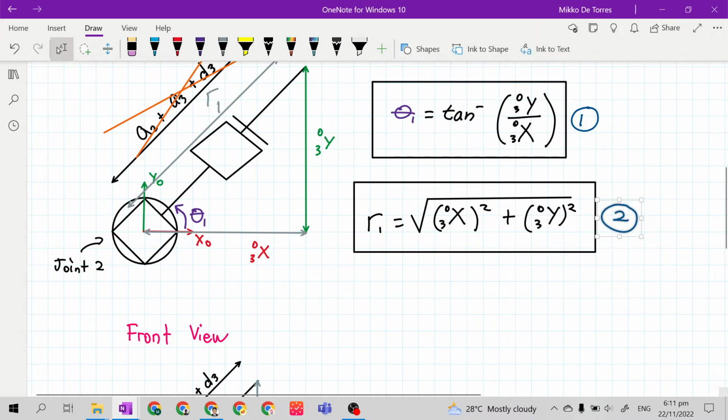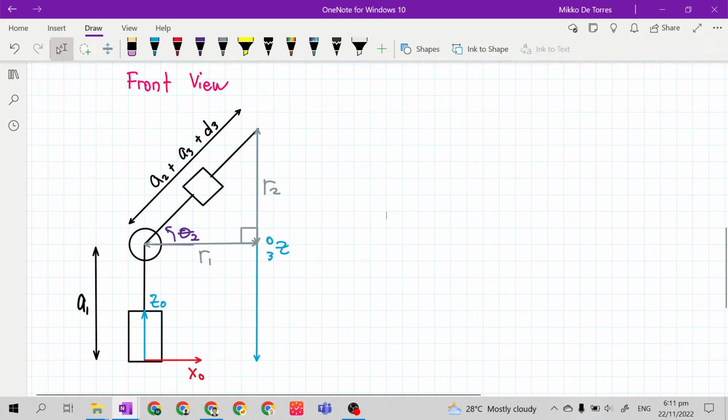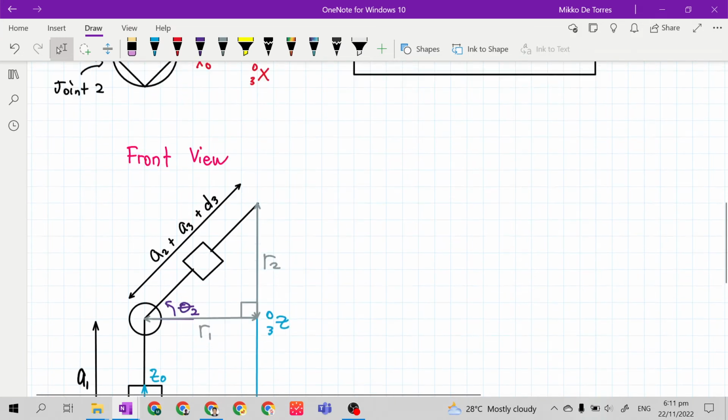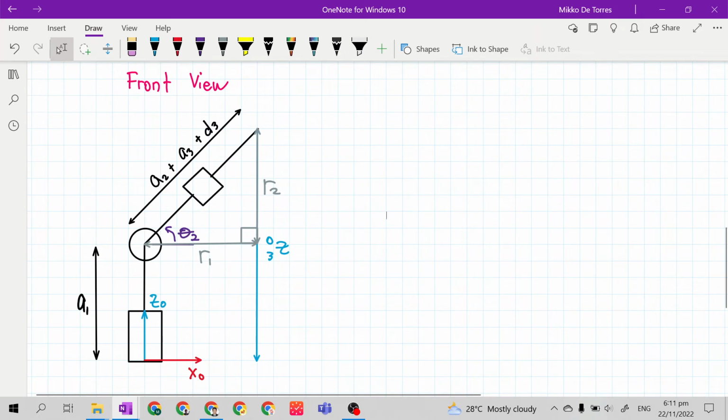Next, we know how to get r sub 1. Let's find a way to get r sub 2. Based on this drawing, Z03 from the end effector to the base is equal to A sub 1 plus R sub 2.